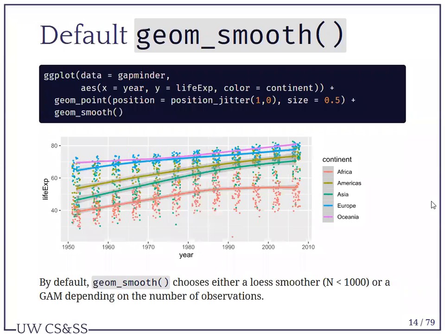By default, geom smooth chooses either a LOESS smoother, where there are fewer than 1,000 data points, or a GAM, depending on the number of observations. And so we'll get a LOESS line through each of these, but it's only for our year and life expectancy variables.